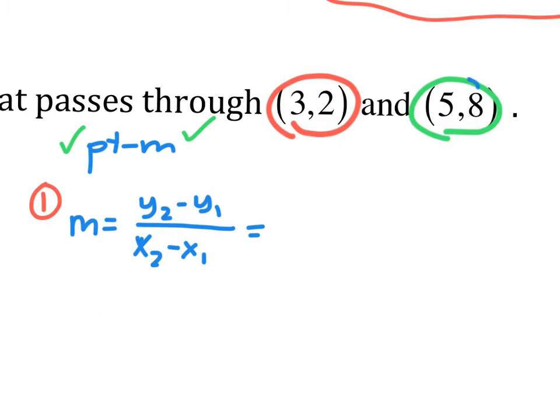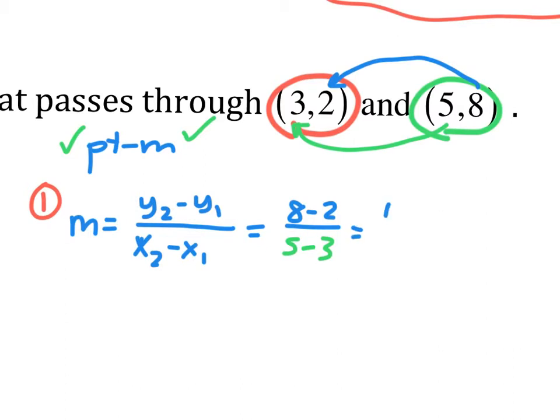So for example here, 8 minus 2, if I put that in the numerator, then I'm going to put 5 minus 3 in the denominator. Always go in the same direction. When I finish this up, I get 6 divided by 2, and that simplifies to 3. So step number 1, find slope.